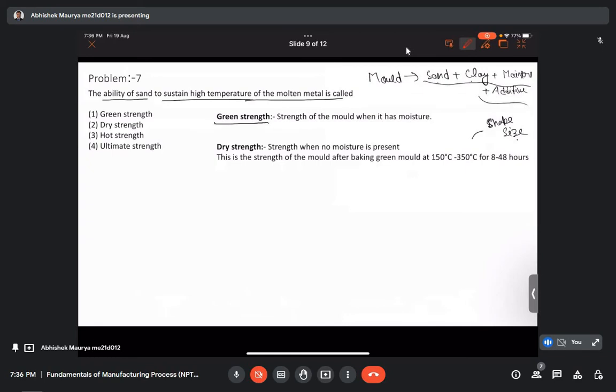So green strength will be sufficient to hold the molten metal as well as to retain the shape and size of the mold. But sometimes when the size of casting is very large, then green strength is not sufficient to bear the load of the molten metal, because a large amount of molten material has to be poured to produce the casting. So what we do, like earlier we had this green mold.